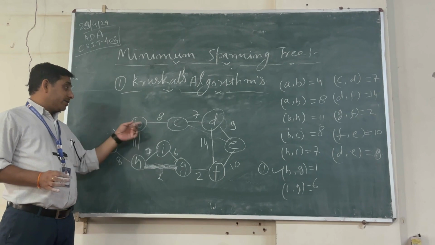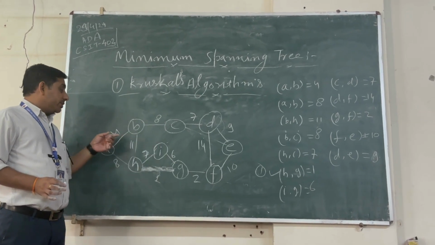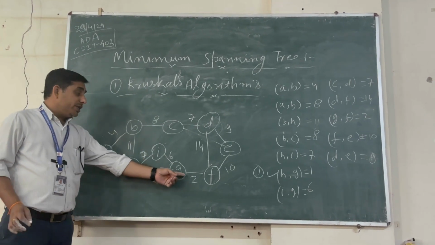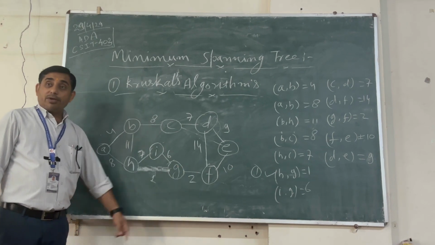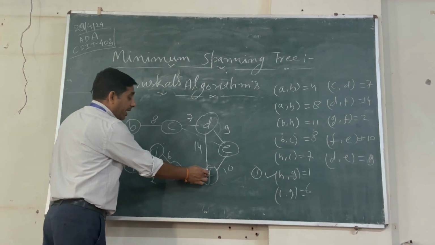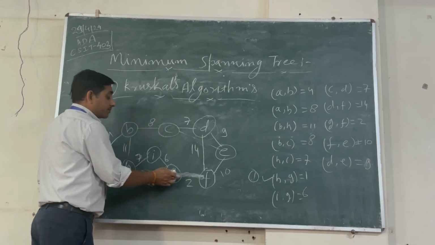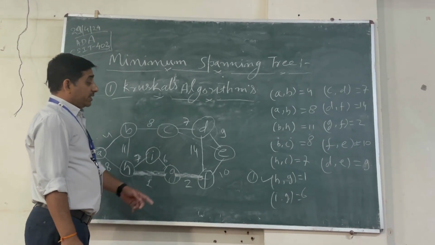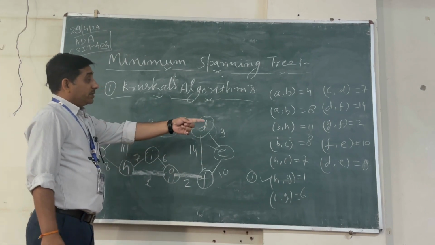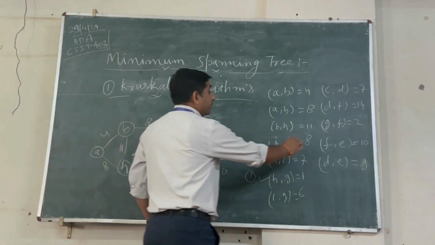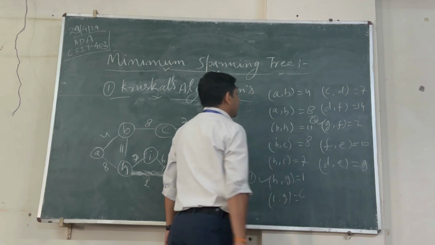So you just find which one is minimum. The 2 is minimum, between G to F. So we will select this one, G to F. This one is second.